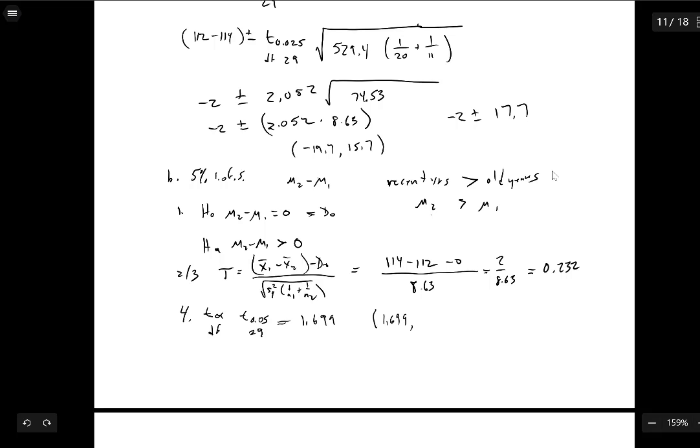And so if we look here, our t value of 0.232 is not in the rejection region.